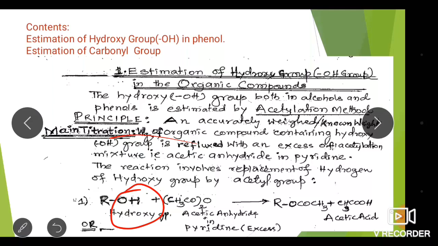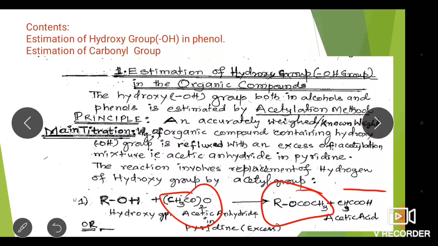After reflux, the hydrogen of the OH group of the hydroxyl group is replaced by the acyl group, that is COCH3, and acetic acid is the side product. It is simply an acylation reaction. So this is the principle.